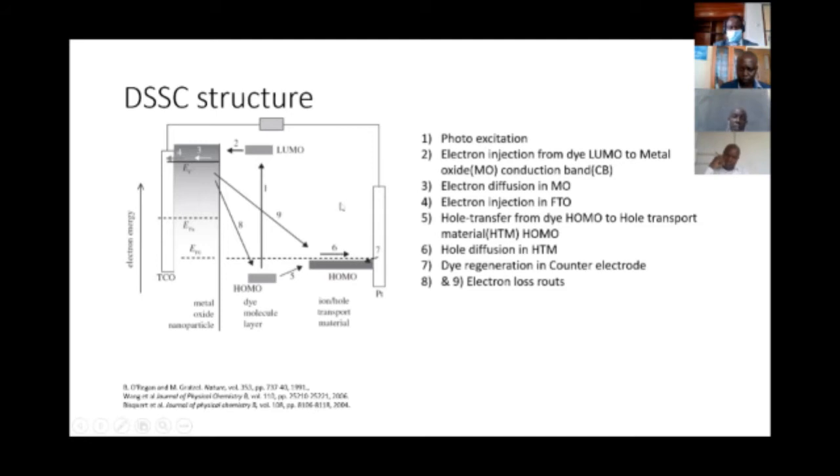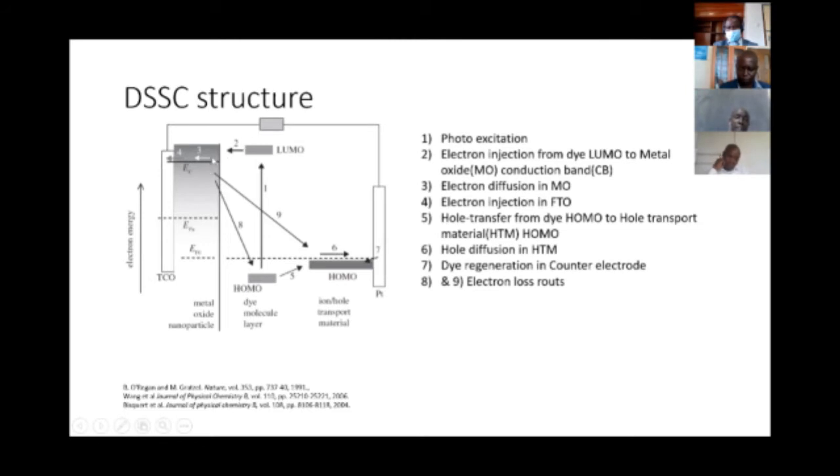In operation, the dye absorbs light and is excited, and then electrons are promoted from the highest occupied molecular orbital of the dye to the lowest unoccupied molecular orbital of the dye, and consequently, an electron is injected into the conduction band through process 2.